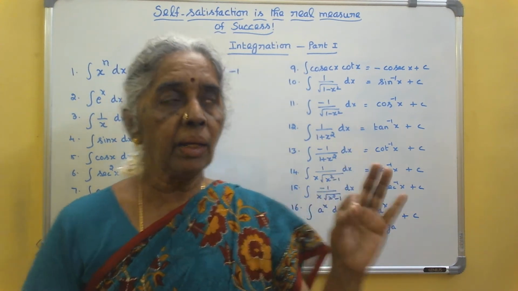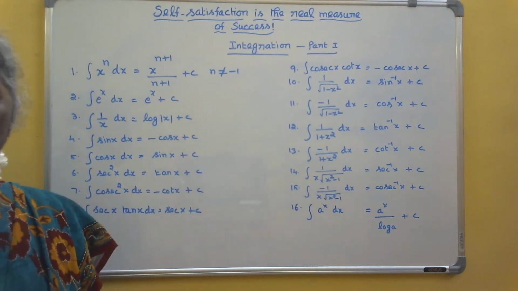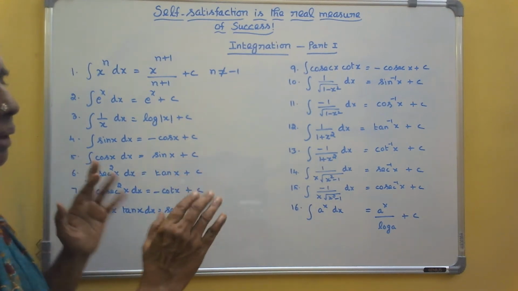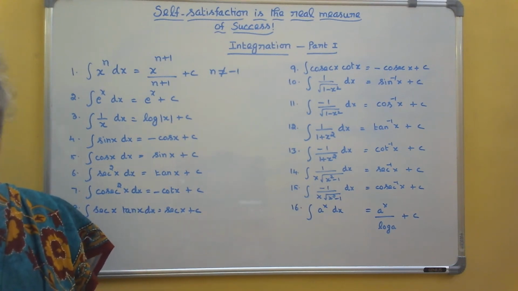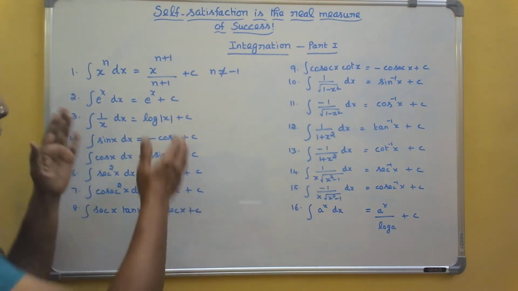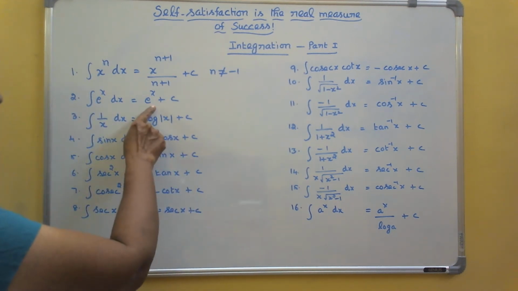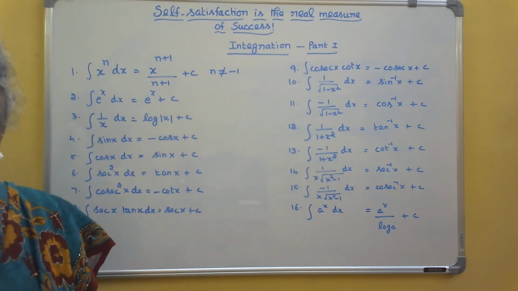So now, I have given 16 formulae to start with, which are almost like straight inverses of the formulae of differentiation. Leave the first one for a moment. If you look at all the things you know, e power x, if you differentiate, you get e power x. So if you integrate also, you get the same thing.